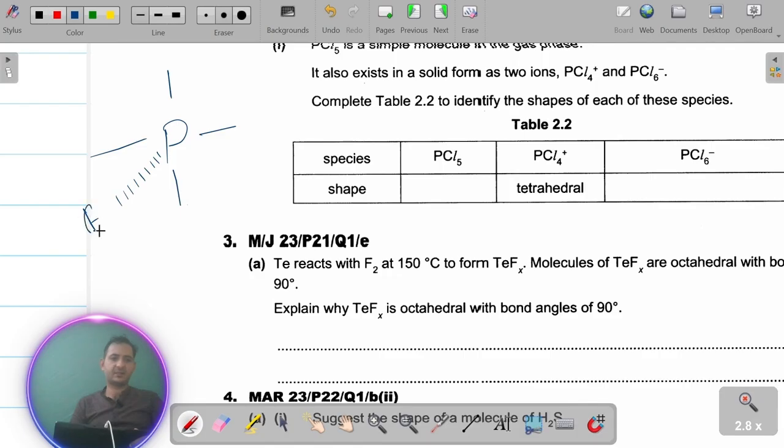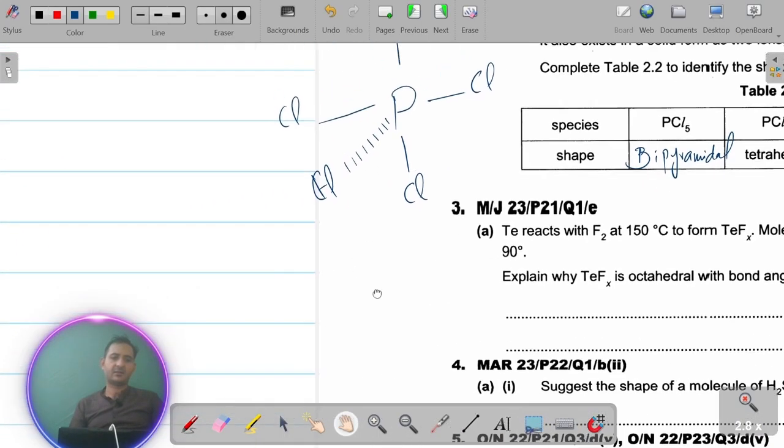Cl, Cl, Cl, Cl and Cl. The shape is trigonal bipyramidal. And PCl4 is tetrahedral. And what about PCl6? PCl6 would be octahedral, I think.